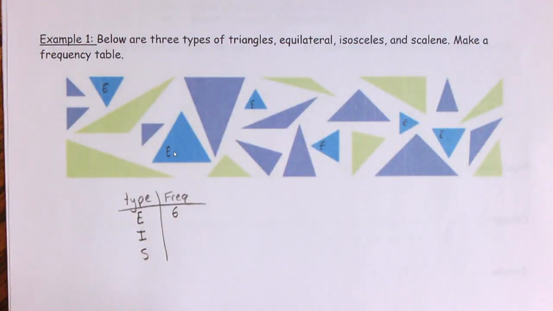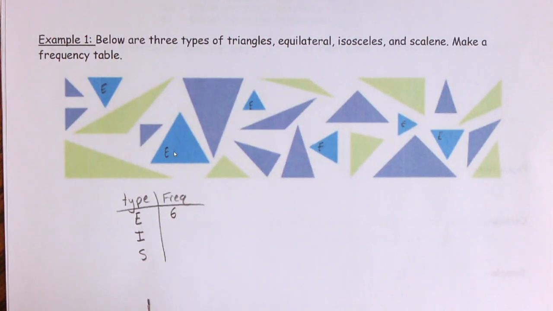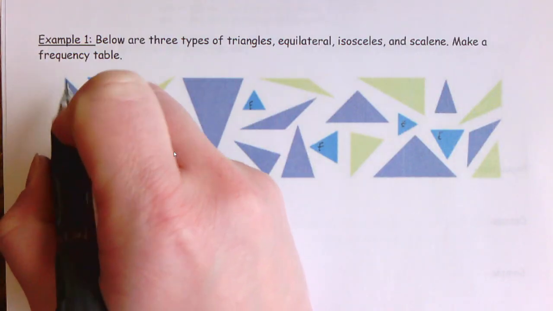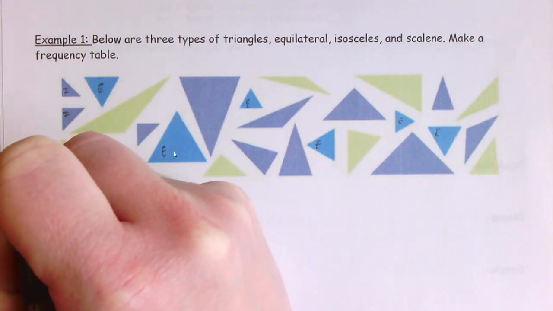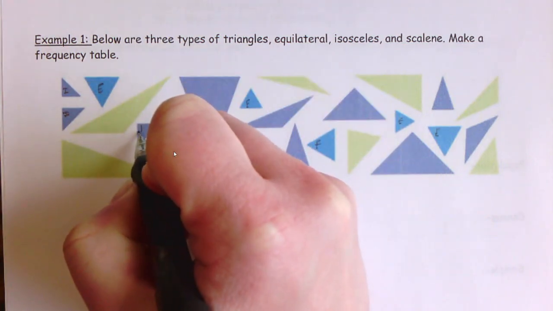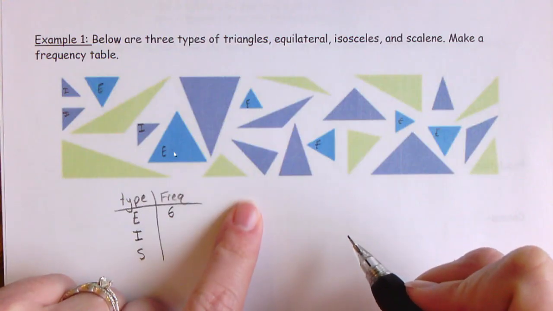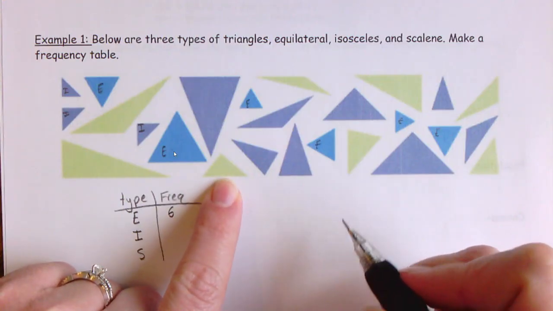Okay. Isosceles would be when 2 of the sides are the same and 1 is different. So this one right here is an isosceles. The one below it's an isosceles. And then we can go through and write out which ones are all isosceles.